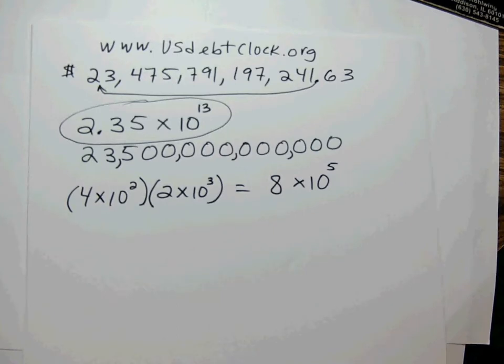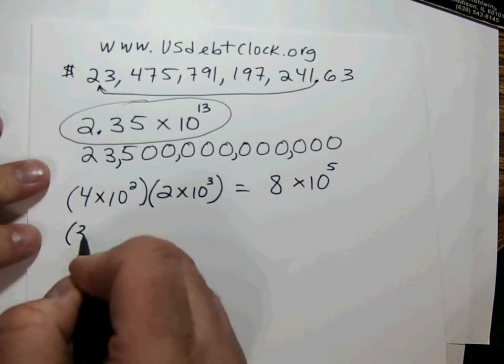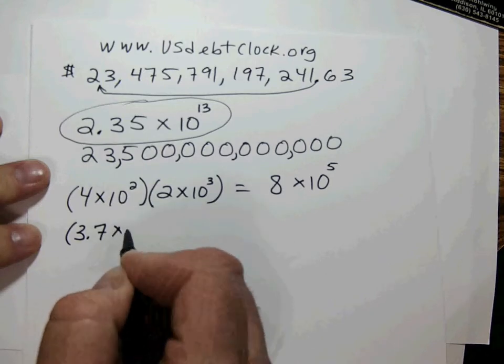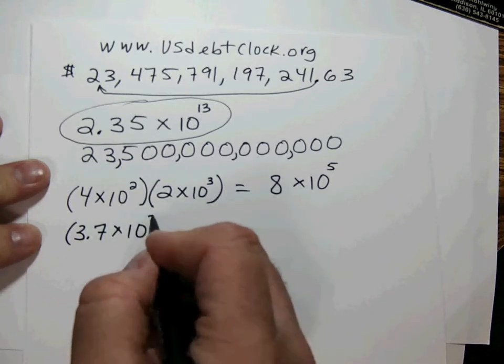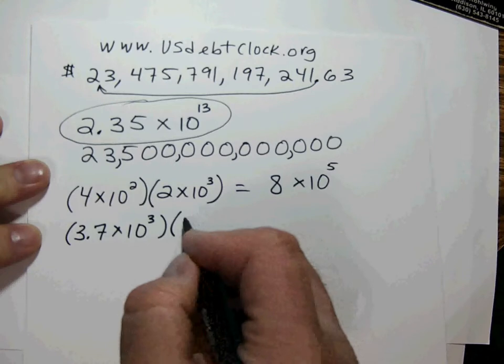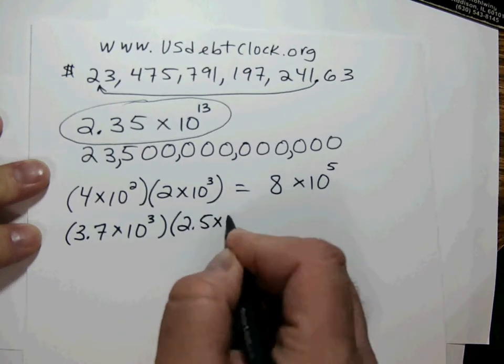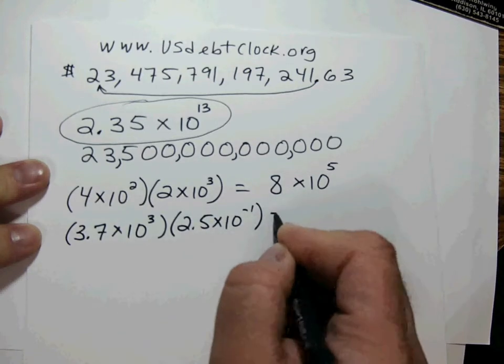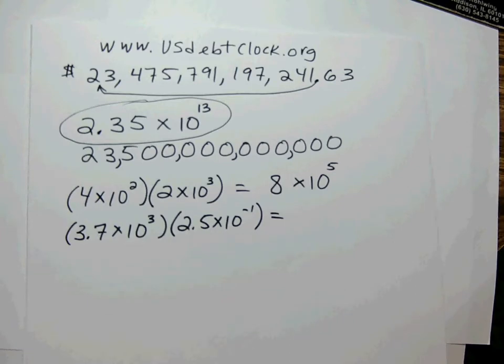Sometimes it's not quite that simple. I might have to make a little correction. And if you look at part B, I've got 3.7 times 10 to the third power times 2.5 times 10 to the negative 1 power. So first I'm going to multiply the 3.7 and the 2.5 together.